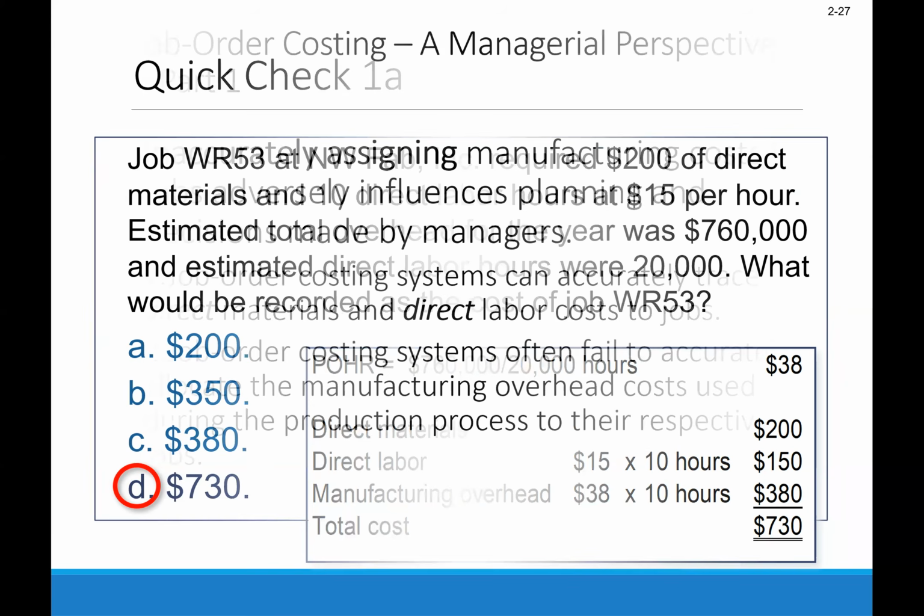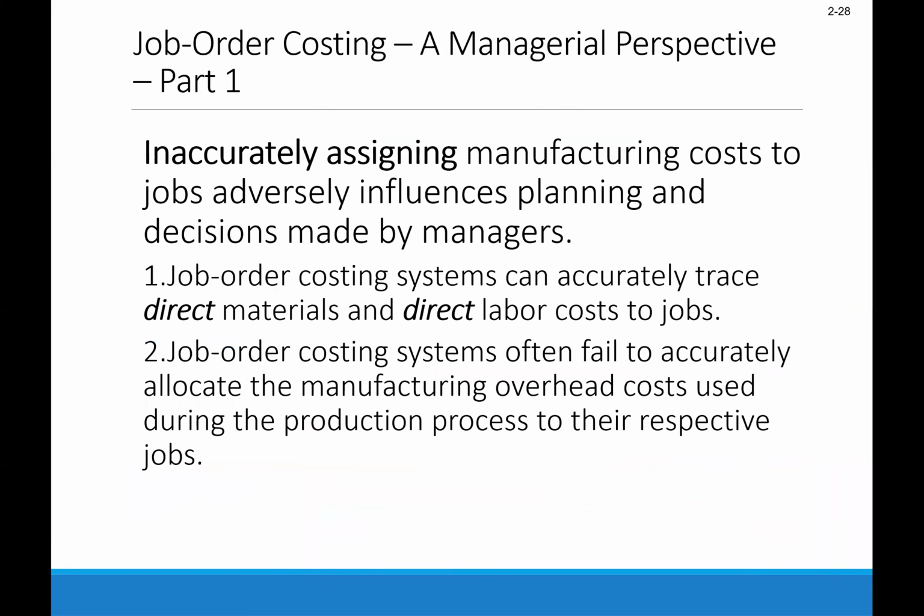Excellent, guys. When you inaccurately assign manufacturing costs to jobs, that adversely influences planning and decisions made by managers. So as much as you can, make this cost driver what drives the cost.